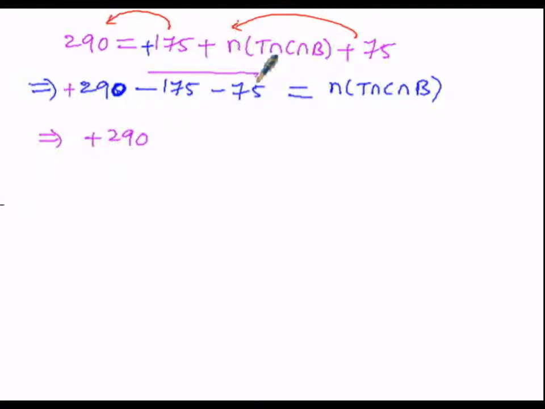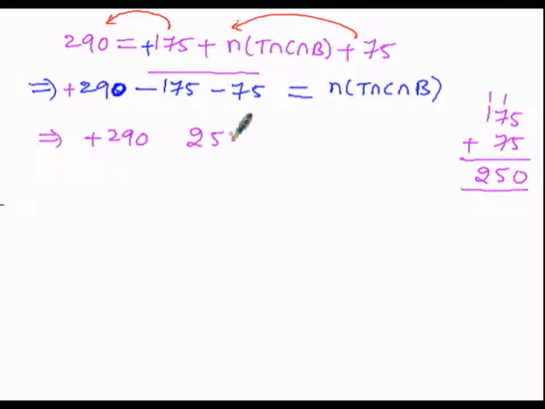So, minus of minus is plus, so we can add up 175 and 75. When we add up, 5 plus 5 is 10, 7 plus 7 is 14, plus 1 is 15, so carry 1 plus 1 is 2. In this manner I got 250.